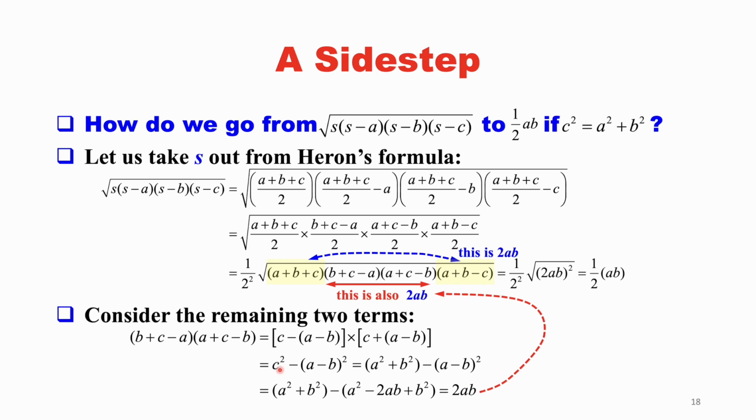Now, because C squared is equal to A squared plus B squared, we have, again, 2AB. So we verified that going from Heron's formula to a right triangle, we get A times B over 2.